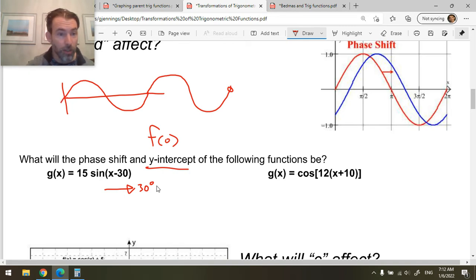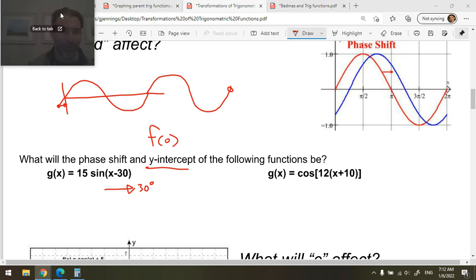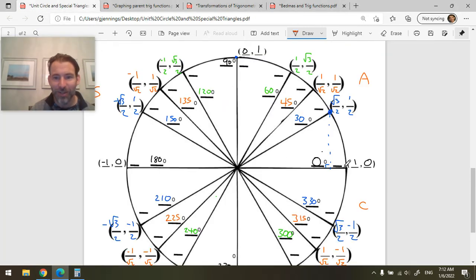So the new y-intercept is the old negative 30. Okay, and that's been moved over here. Negative 30 degrees. What's the sine of negative 30 degrees? Check your unit circle, everyone. Here's negative 30 degrees, and the value of sine is negative 1/2.